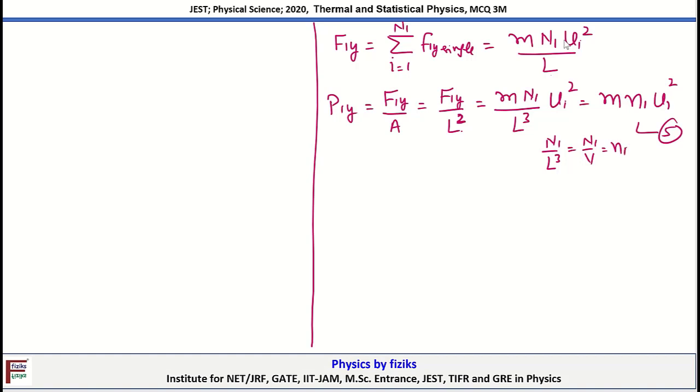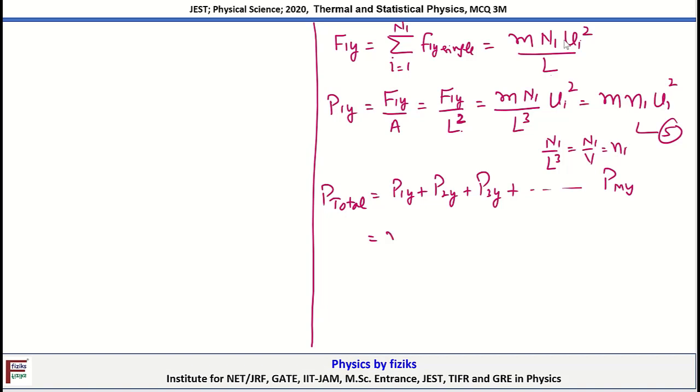Similarly, we can obtain the expression for the pressure exerted by the gas molecules in the other subgroups. So the total pressure exerted by all the gas molecules is equal to P1y plus P2y plus P3y and so on up to Pmy. We will make use of expression 5 to generalize this result.